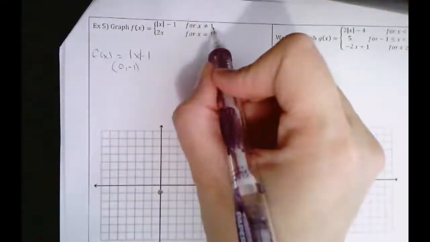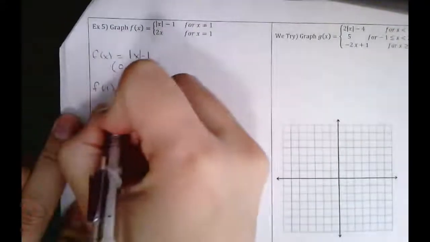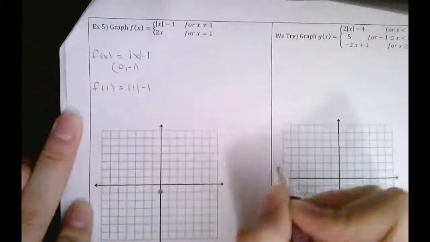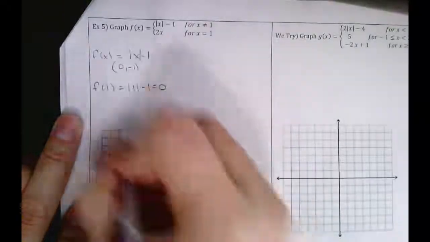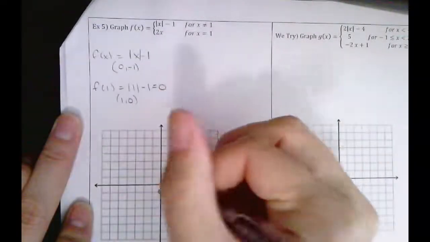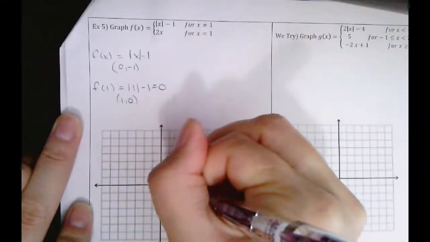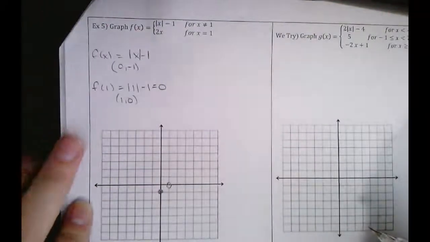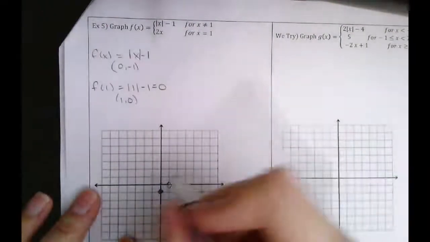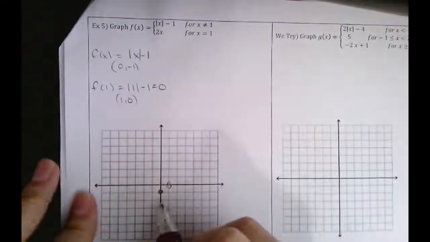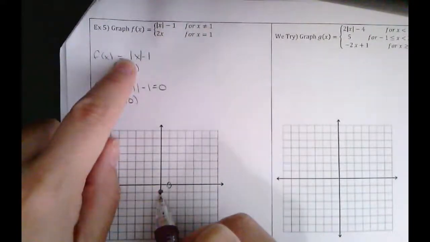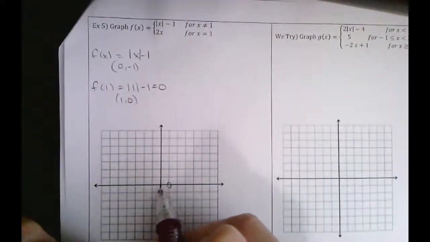Now, you want to see where the hole of the graph is, so plug in 1, and you get 0. So at (1, 0), you're going to graph an open point. Remember, this is the vertex, and the slope of the absolute value function is 1. So this is like up 1 over 1.